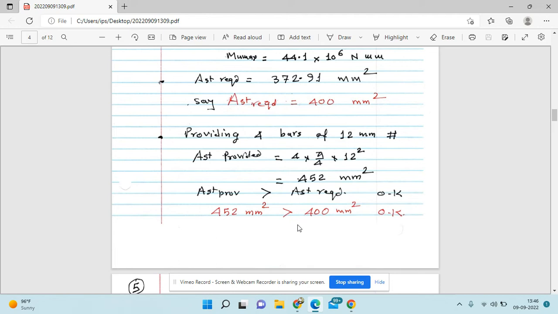Now we have to decide the bar diameter and the number of bars to be provided in the tension zone.